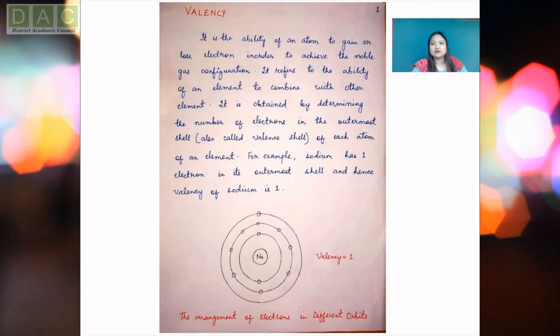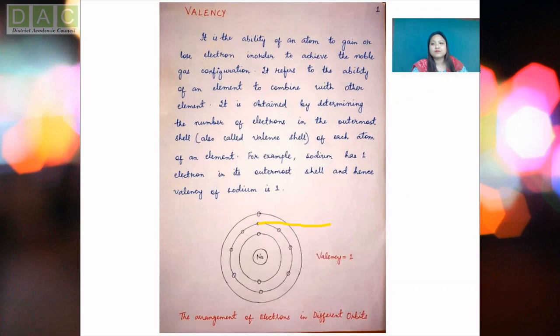The first energy level we can see here is the K shell. The second energy level, the corresponding shell, is called the L shell.